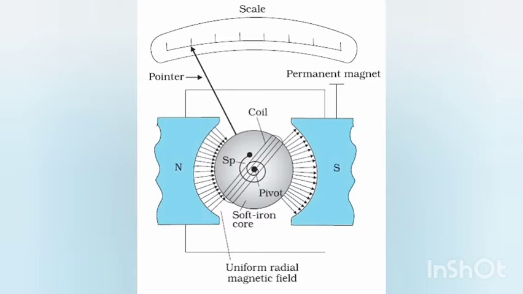And we know that when current is passed through this coil, it will experience a torque and will start moving, which will move the pointer attached to this soft iron core. But along with this arrangement, there is a spring SP attached to the soft iron core which provides a counter torque, and this results in a steady angular deflection in the galvanometer.